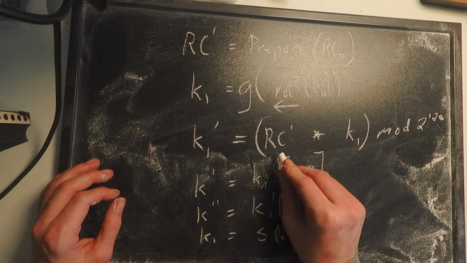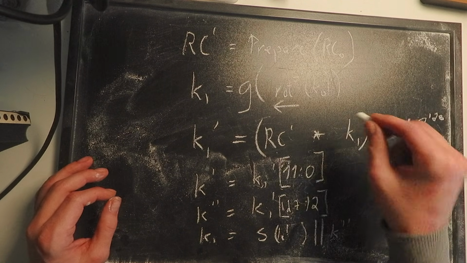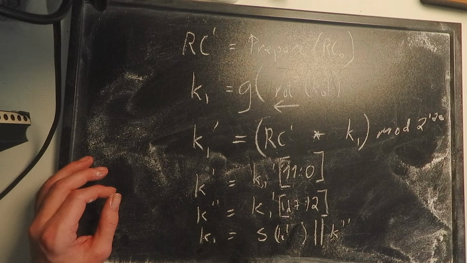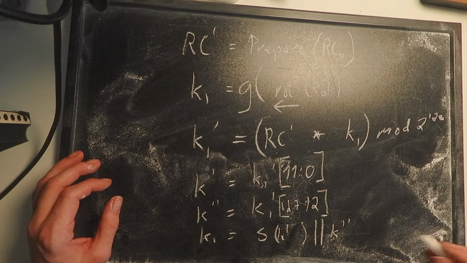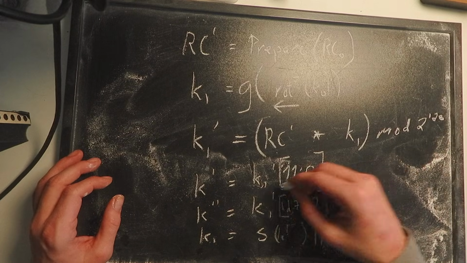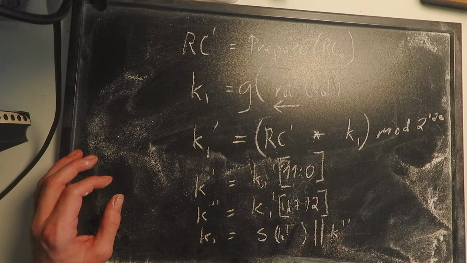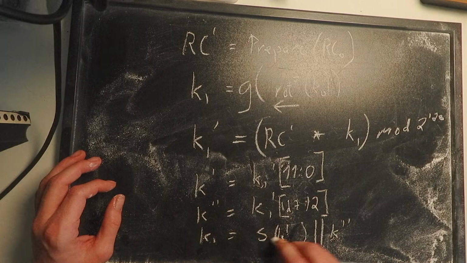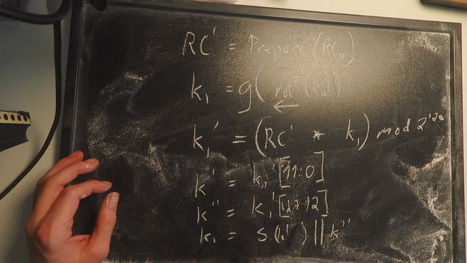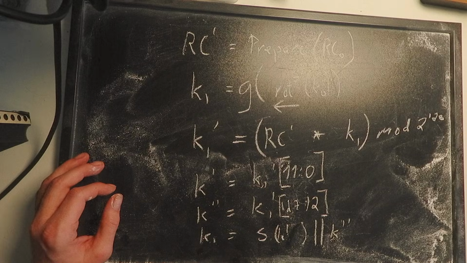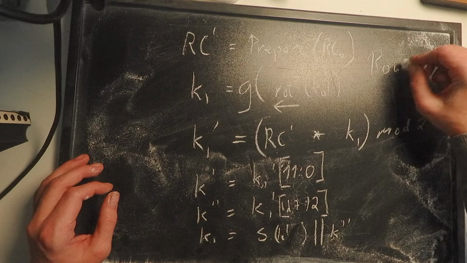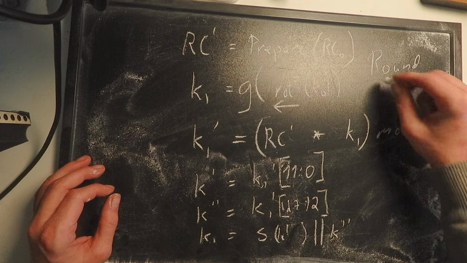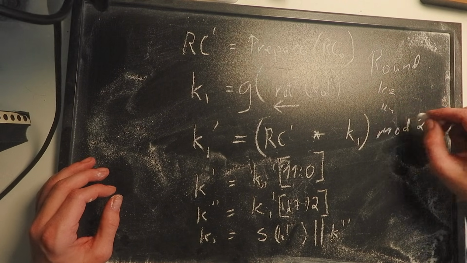Then we multiply the round constant with k1 mod 2 to the 128, so a 128-bit multiplication. And then we just chop it off, so we take the 12 first bits, push it through the S function, and append it to the rest. So this is the whole G function. Or this is the whole round, actually. And then we do the same with K2, K3, all the way up to K15.